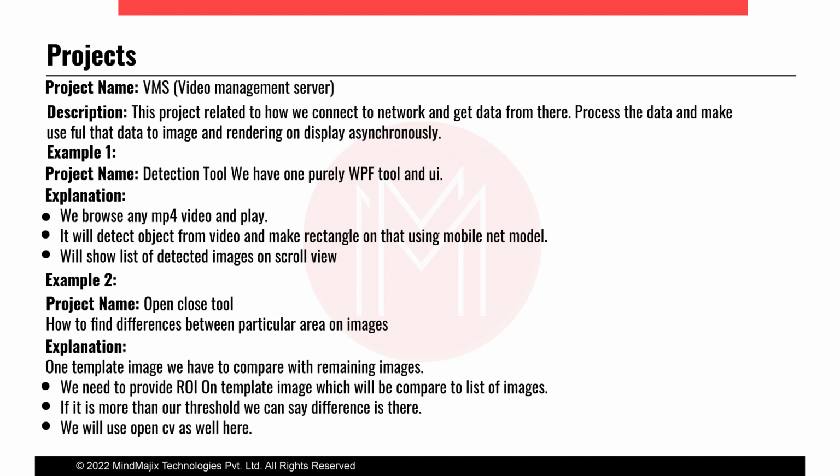I took one image with the shutter closed and took one ROI from the closed shutter, and the same ROI I compared with all the remaining images. Whenever the shutter opens, the ROI value changes, like the color changes. I fixed a threshold like 50, so if it changes by more than 50, we can say the shutter is now open.